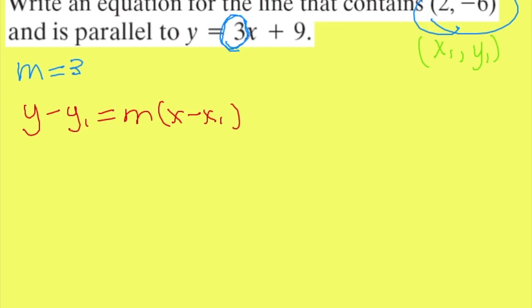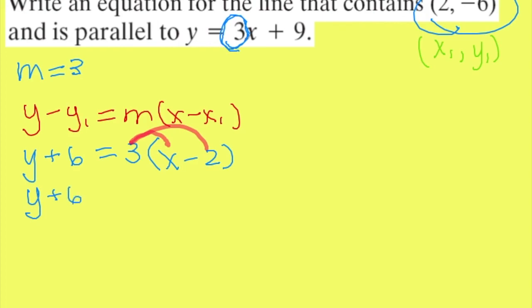So we would have y minus a -6 would become +6 equals slope, which is 3 times x minus 2. So to get that into slope-intercept form, we would need to distribute. So y plus 6 equals 3x minus 6.